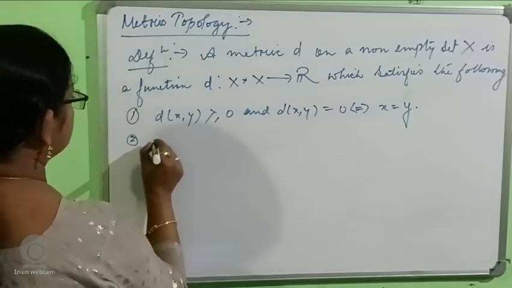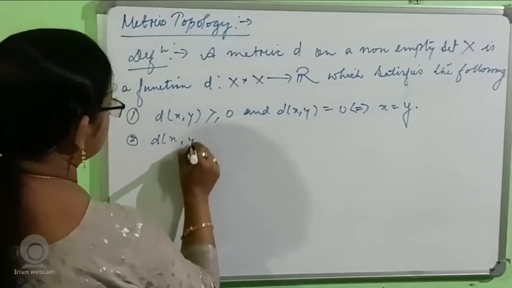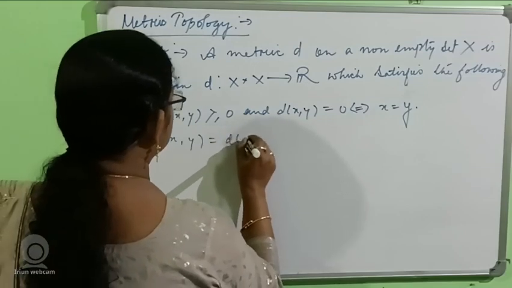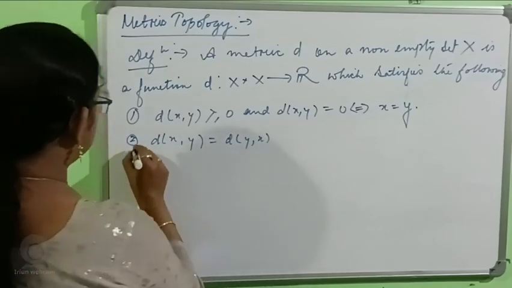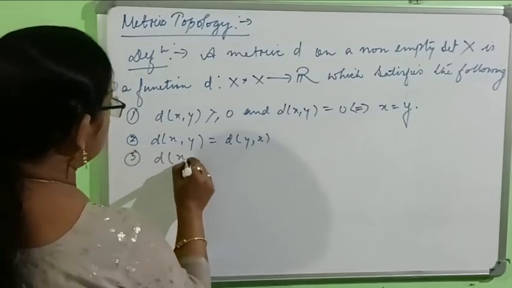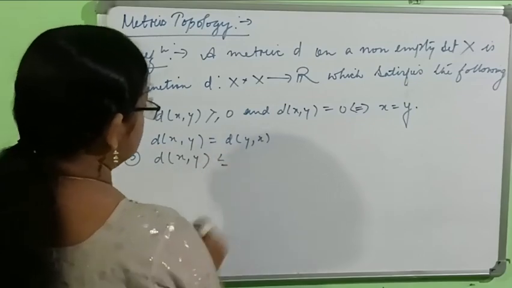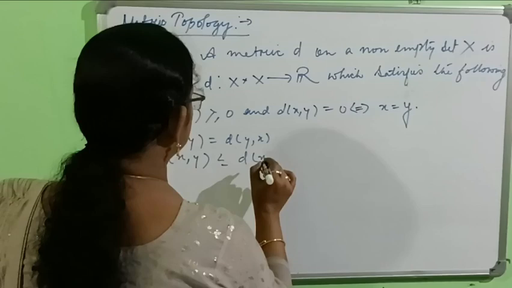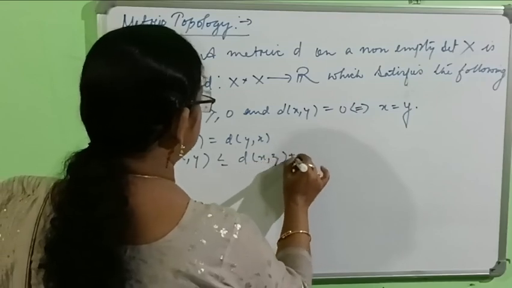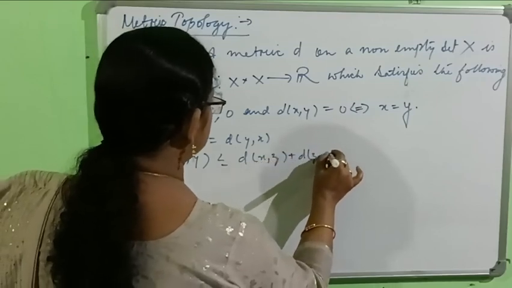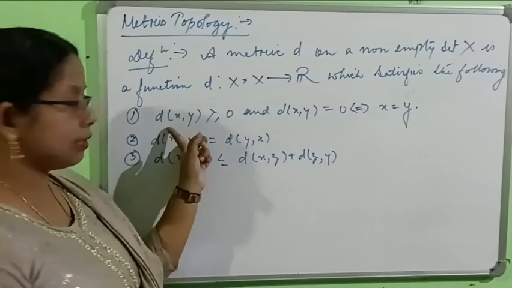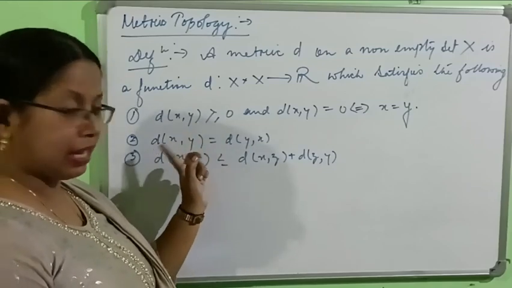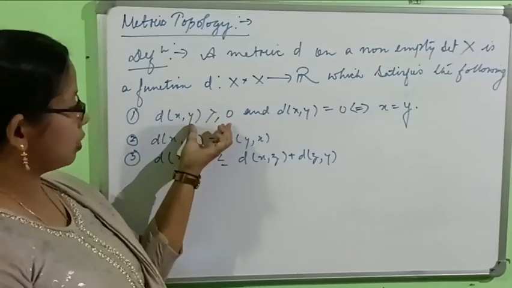Number 2, d(x,y) equals d(y,x). Number 3, d(x,y) is less than or equal to d(x,z) plus d(z,y), where d is the distance function. That is, distance between x and y is always greater than or equal to 0.